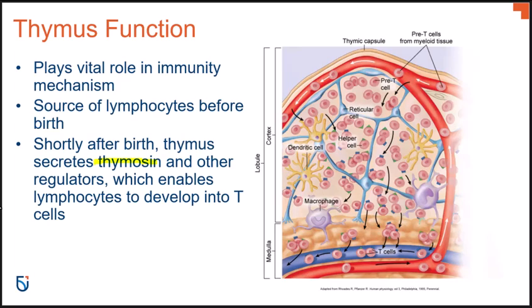It will also secrete other regulators that enable lymphocytes to develop into mature T cells. So here we have a pre-T cell that ends up becoming a mature T cell.